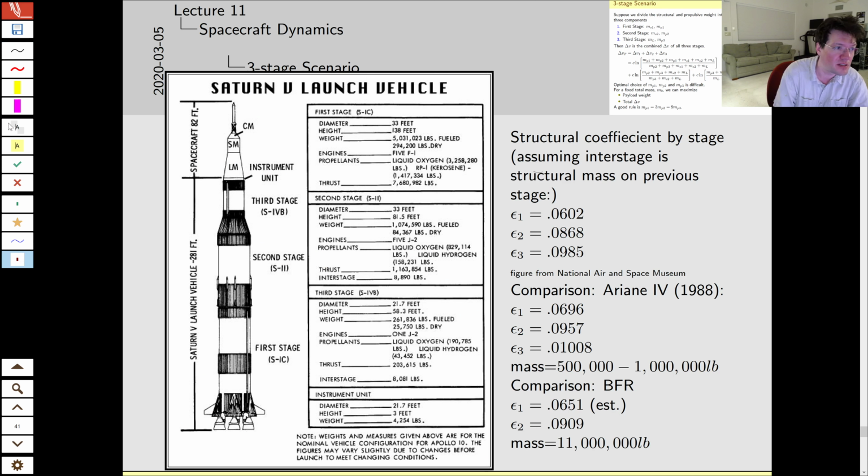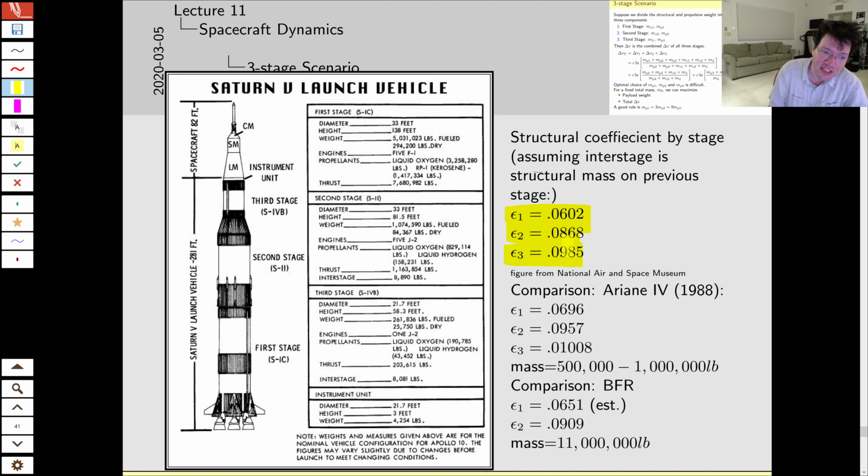So here's some data on various rockets, for example, giving real structural ratios. The structural coefficient of the Saturn V, that really old rocket from the 60s: first stage 0.06, which is good; second stage 0.08; third stage 0.09.